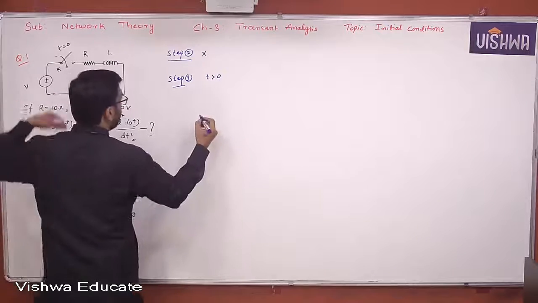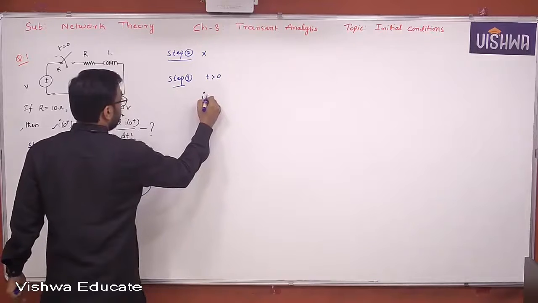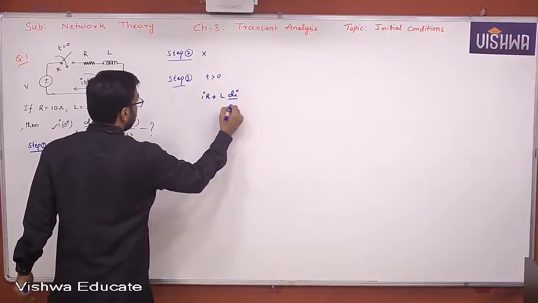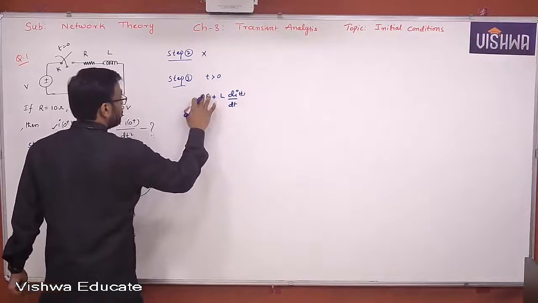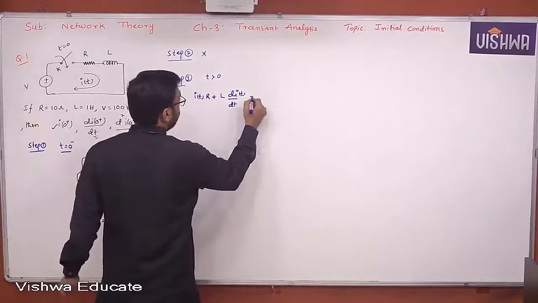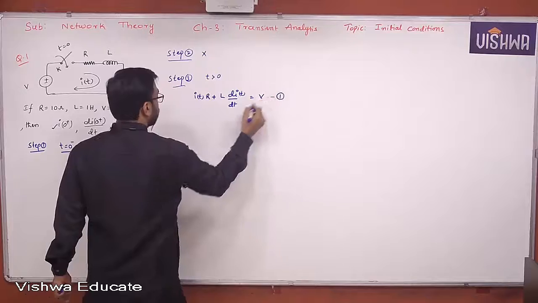So the differential equation is i(t)R + L di(t)/dt = V. Let us assume that is equation 1.